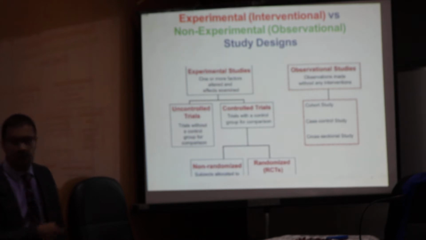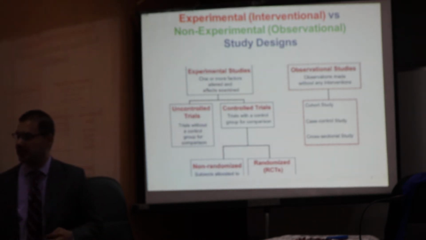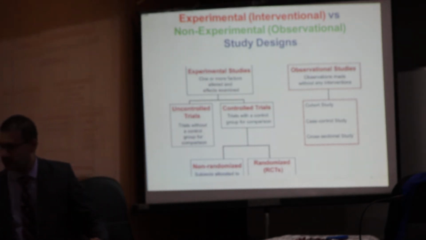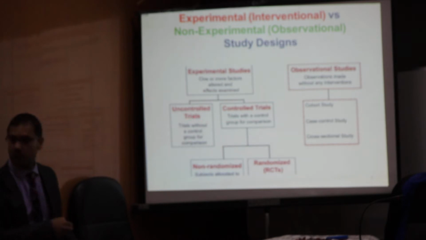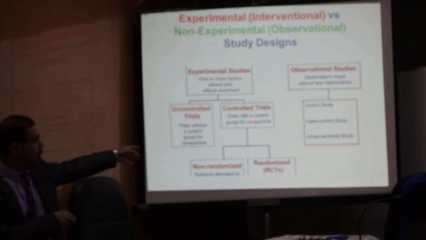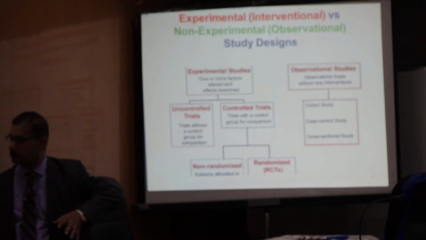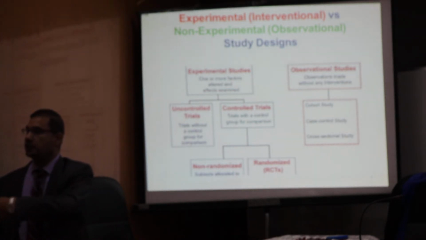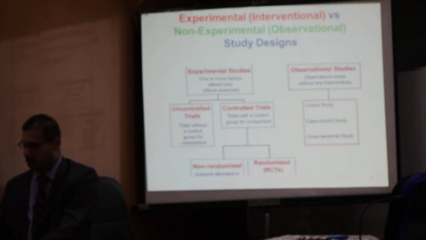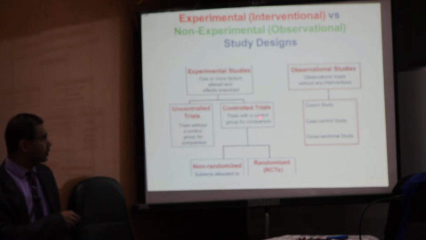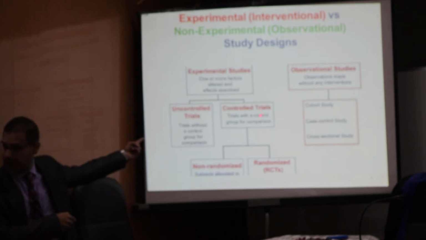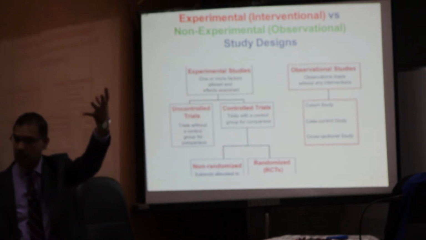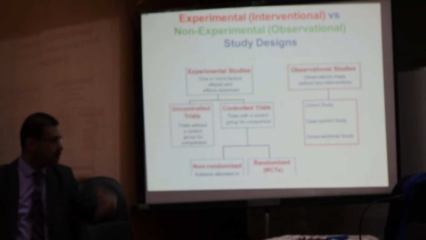Experimental design, in clinical pharmacy, we also call it clinical trials. Either uncontrolled, where we don't have a control group, or controlled, where we have a control group. Control group means people who don't have the disease or don't have the exposure. Controlled trials are better in quality, because we always need a control group to compare with our test group.